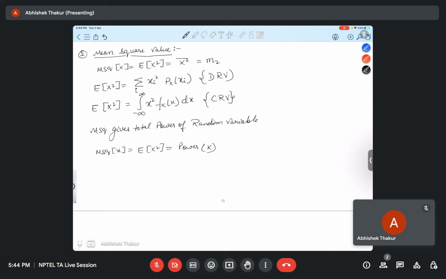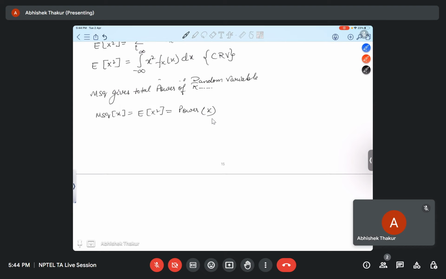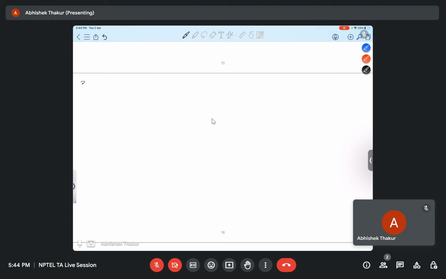So the third parameter is variance. This is very important. That is denoted as sigma squared. So the variance sigma squared is equal to the mean square value of x minus x bar.